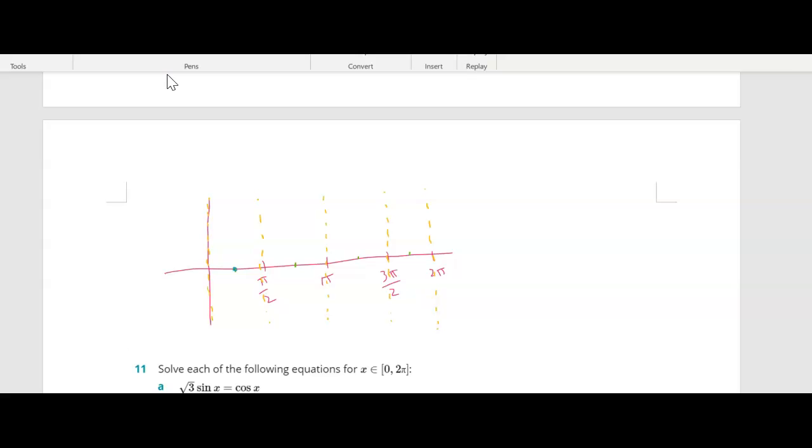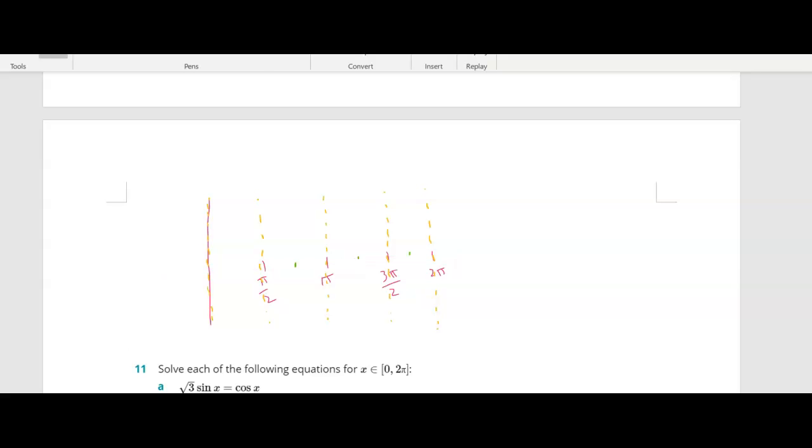Initially it was here and now it's shifted down. So your graph has gone from this to this. So our x-intercept is going to be to the right of that midpoint.